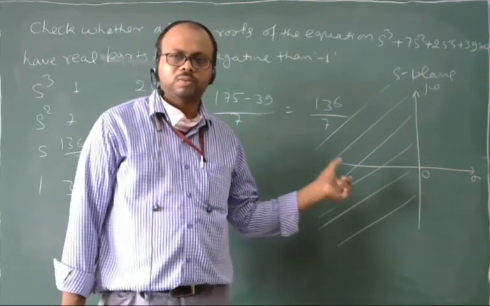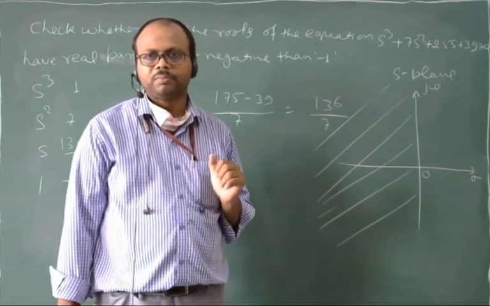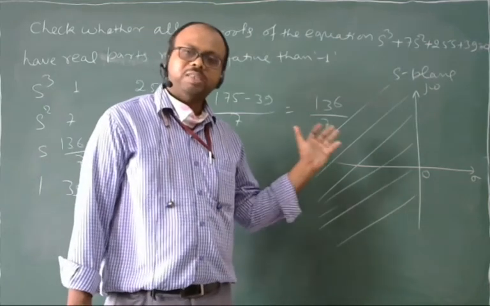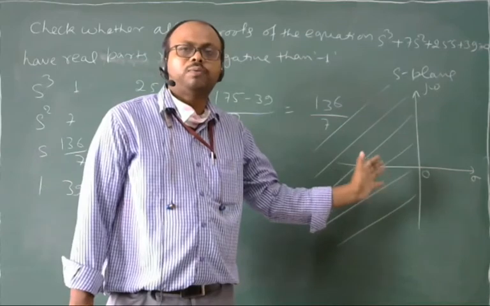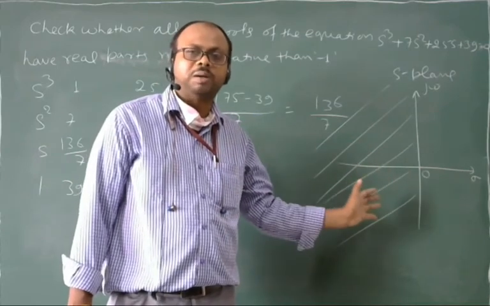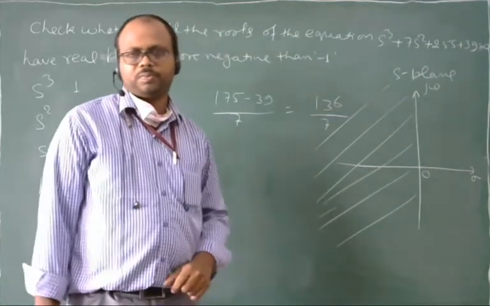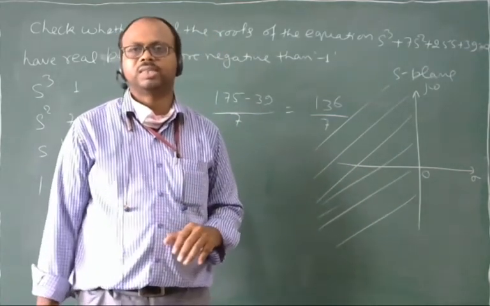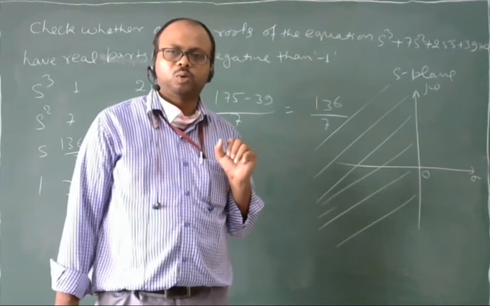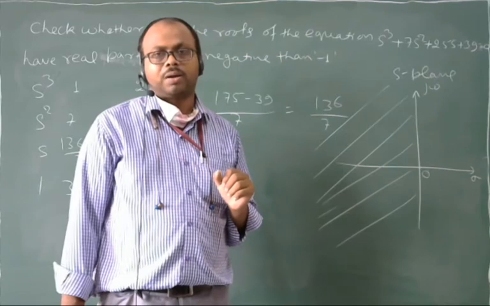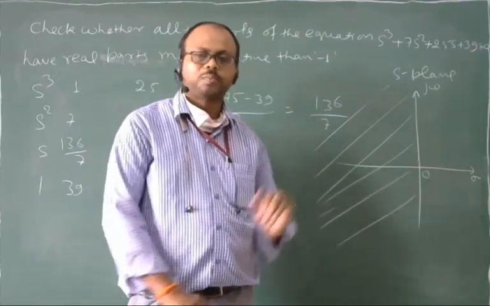Focus on this graph. What we can see here is that the real parts of the roots of the system are negative, or in other words, we can say that the real parts of the roots are more negative than 0.